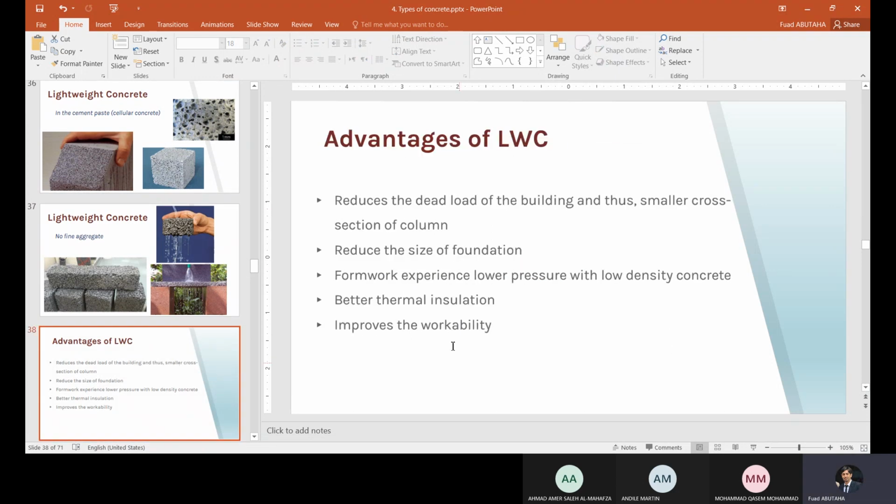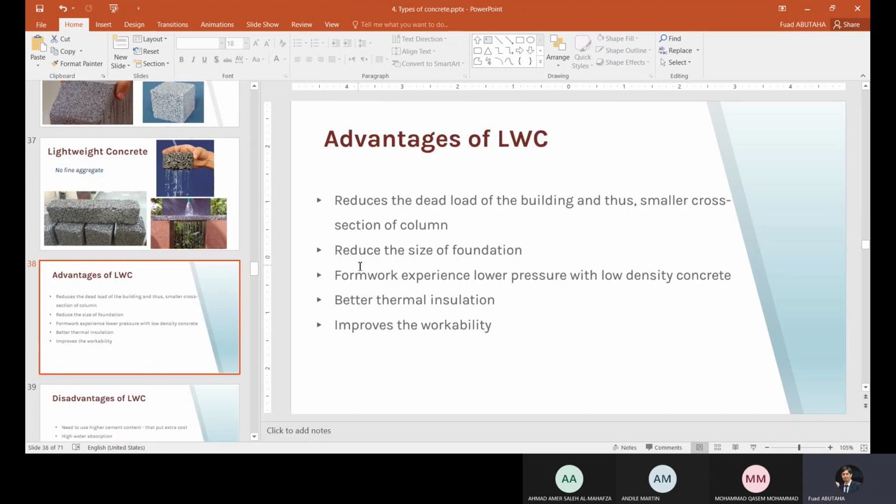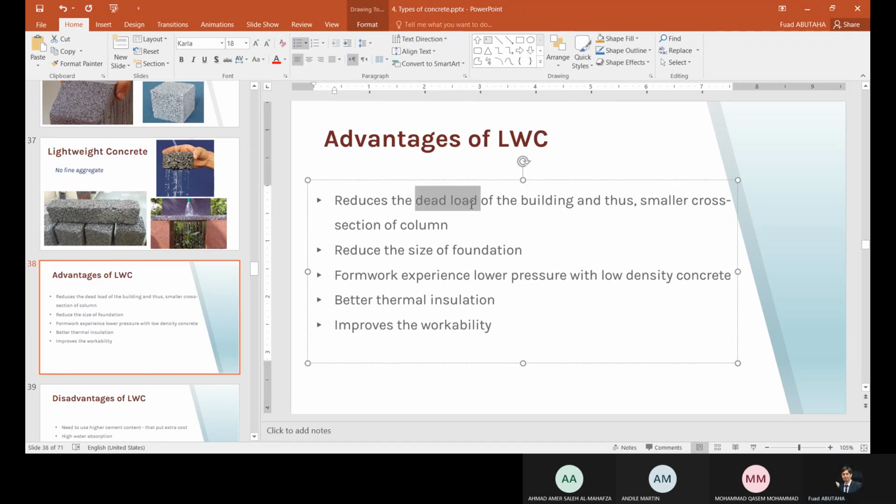So what are the advantages and disadvantages of this kind of concrete? It reduces the dead load, of course, because it's light. It reduces the size of the foundation because the dead load is decreased.